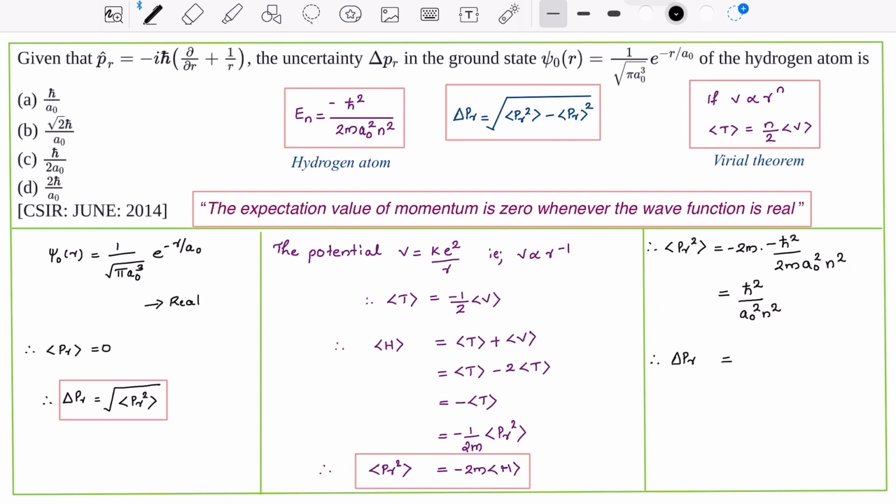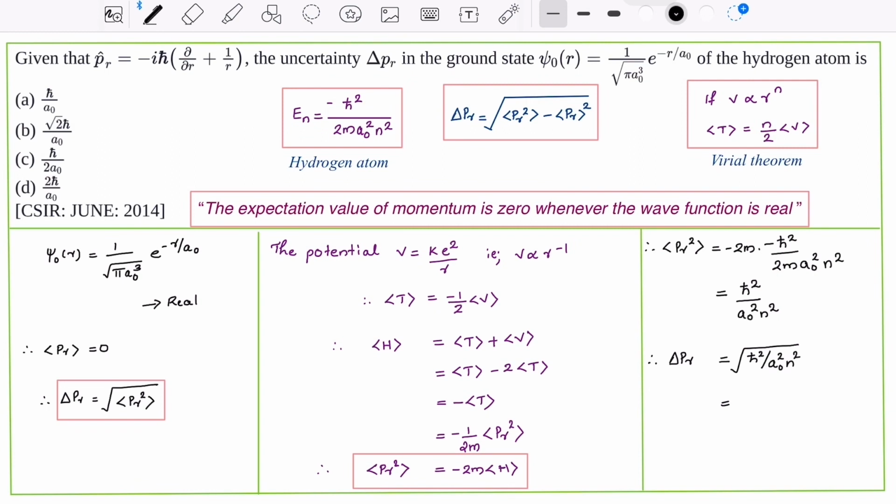This is equal to the square root of h bar squared divided by a0 squared n squared, and this is equal to h bar by a0 n. Now, for n equal to 1, the uncertainty Δp_r in the ground state becomes h bar divided by a0. Hence, we can say that from the given options, option A is correct.